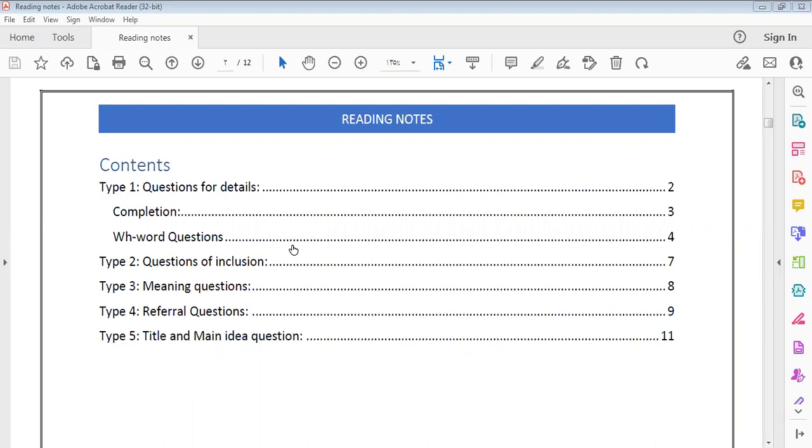Type 4 referral questions. In this part we have pronouns, maybe subject pronoun, object pronoun or possessive adjective, and I ask you what it refers to. It refers to something preceding it, and that thing has to be a noun.